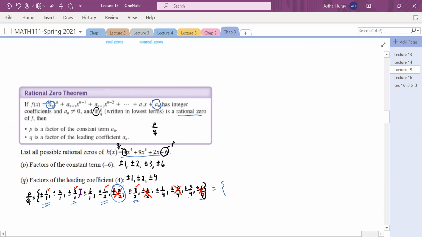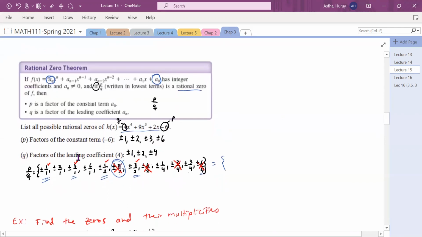It's difficult to try each and every potential zero of the polynomial, because when we have hundreds of them, we cannot try every one. So what we need is some technique or other way to reduce the list of the possible or potential rational zeros of the polynomial.